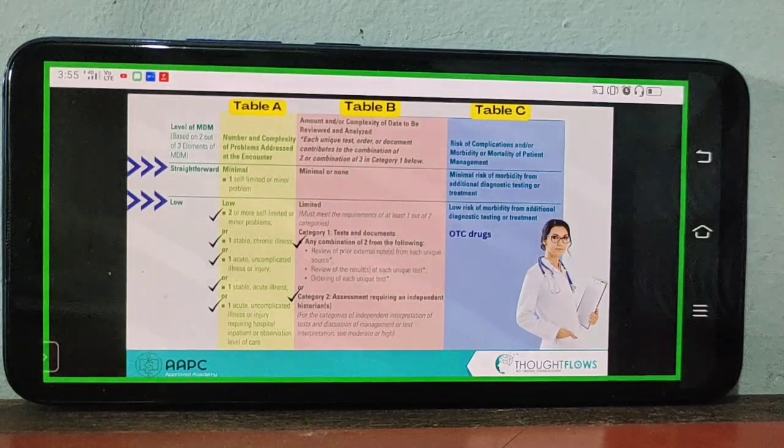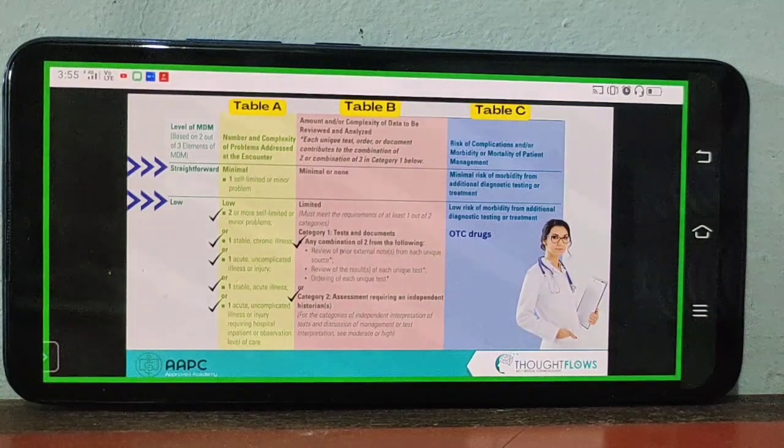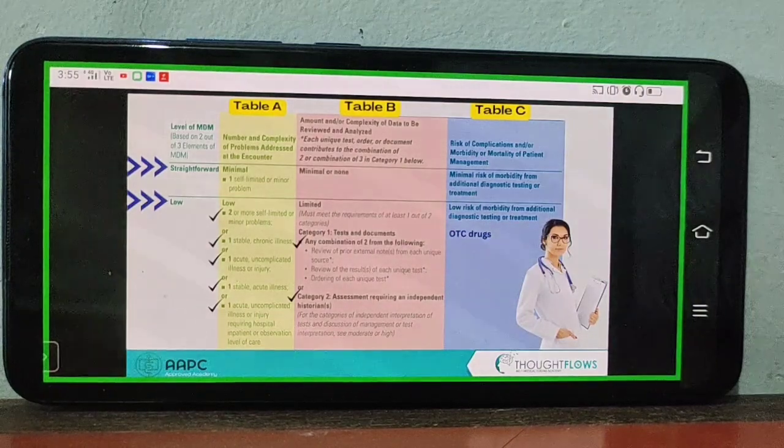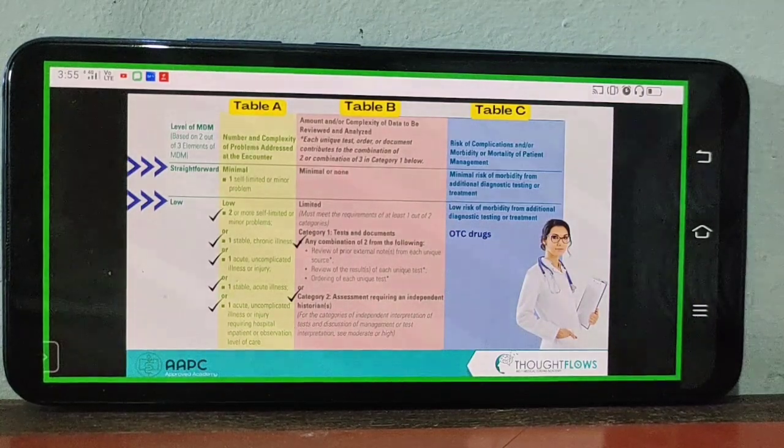These are the examples of chronic conditions.